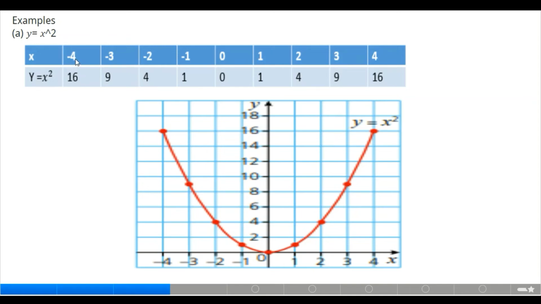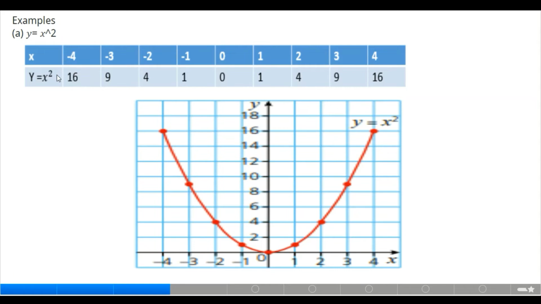For y, we prepare a table related to the values of x, from minus 4 to plus 4. To get the value for y, whenever we see x, we replace x with the values we have here, from minus 4 to plus 4. After that, we plot our graph with the table prepared.